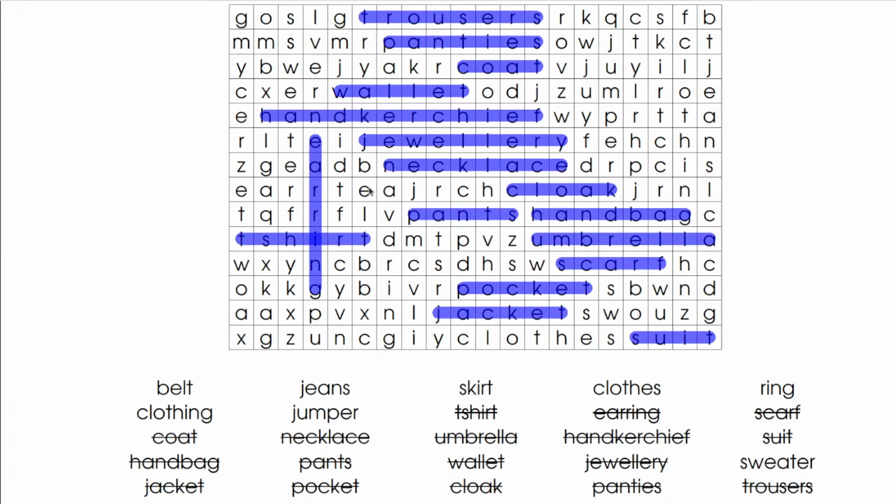So, yep, belts. Clothes hidden on the bottom. Ring going up and down in the middle. Yep, and jumper. Jeans and clothing and sweater to go.